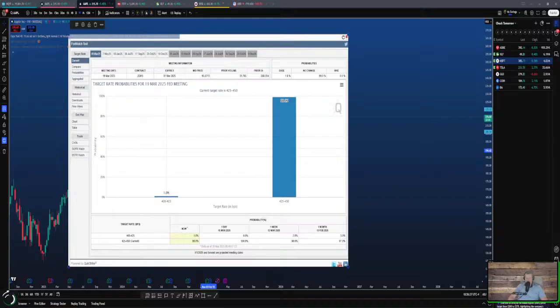What is the dot plot? They're pricing in one between now and then, which is 4 FOMCs from now. It's a long time. So they're not expecting a cut till July.